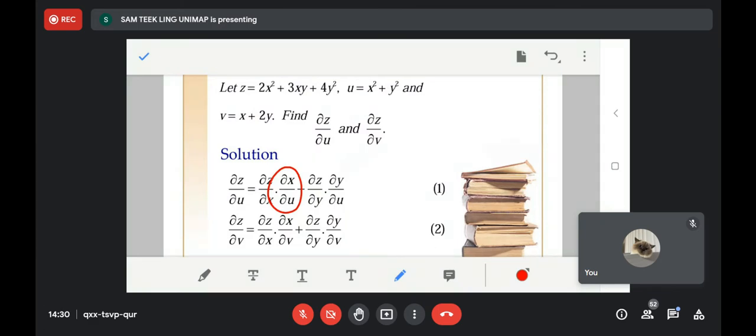So this is why we will apply the inverse function. If we apply the inverse function, we will use the Jacobian first. First step, solve the Jacobian. Second step, apply it into the inverse function formula to find del x del u. So this is why we use the inverse function.